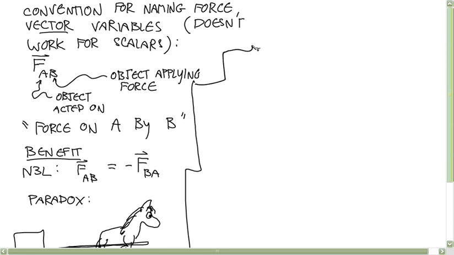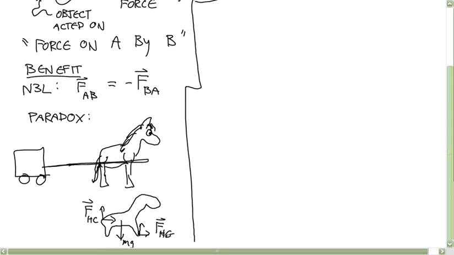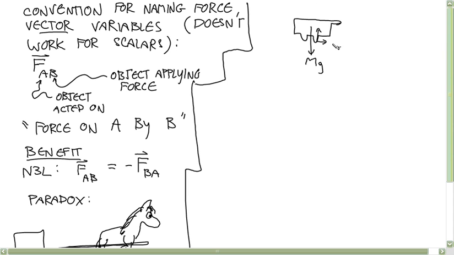And now draw a free body diagram of the cart. And what forces do you have? You have, I'll call this big mg. And you have the force on the cart by the ground.